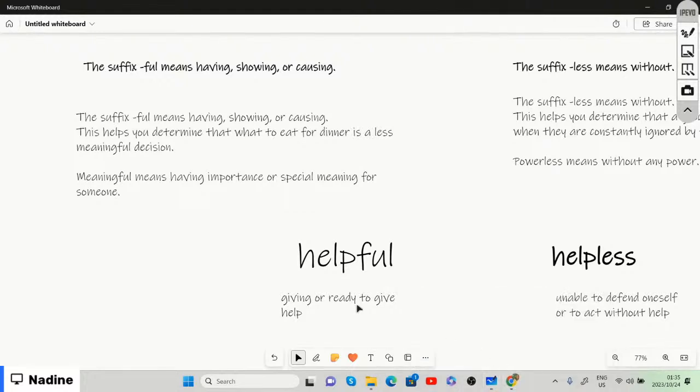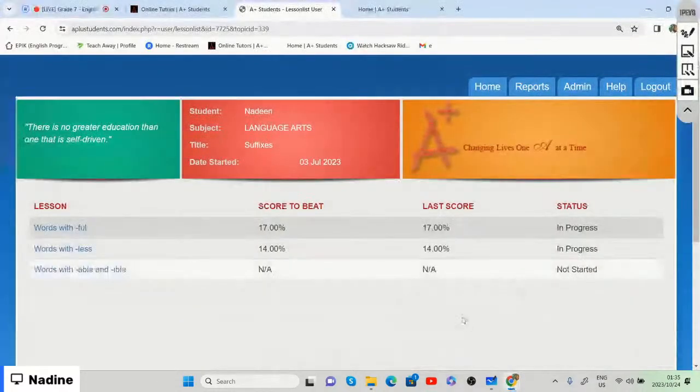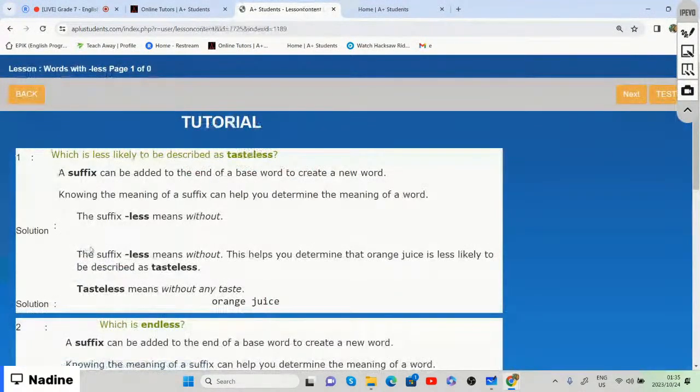Now we're going on to words with less. Let's go to words with less. It sounds like less or it looks like less, but it's less.